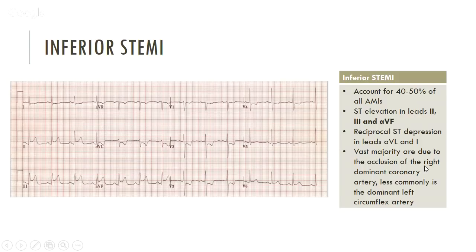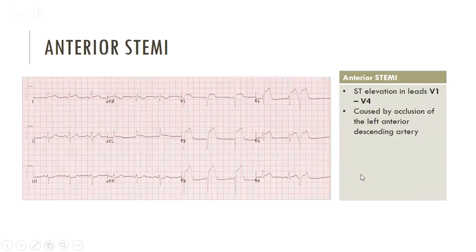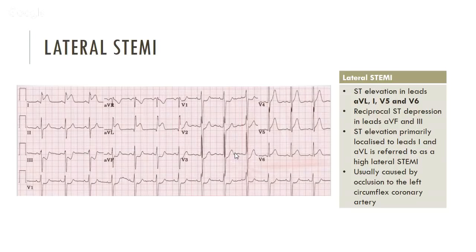Most of the occlusion for inferior is the right coronary artery, so that's important to know as well. Anterior is V1 to V4, and that tends to be caused by the left anterior descending. Lateral STEMI is AVL, 1, V5, V6, and that's due to the left circumflex usually. It's important to know what arteries, because they sometimes might ask that as a question.